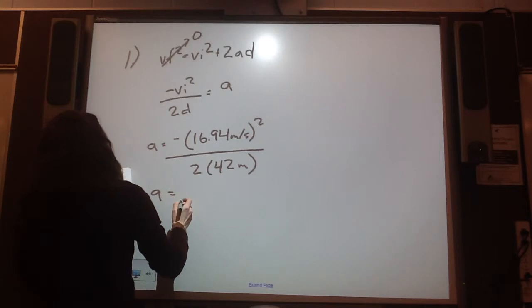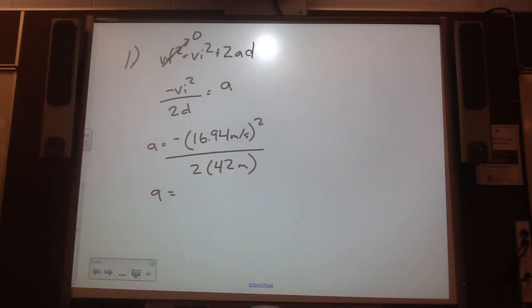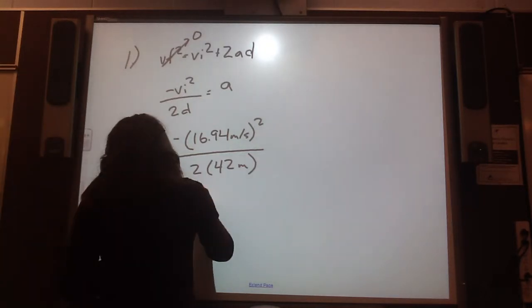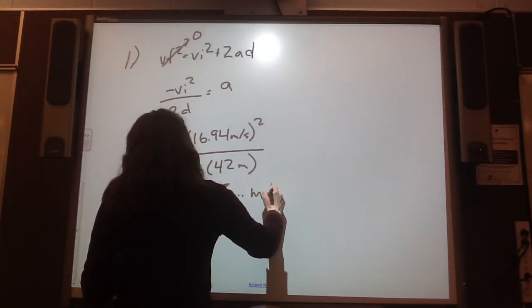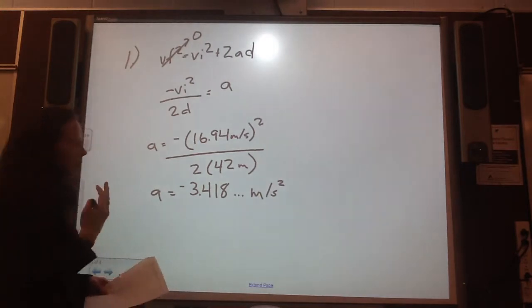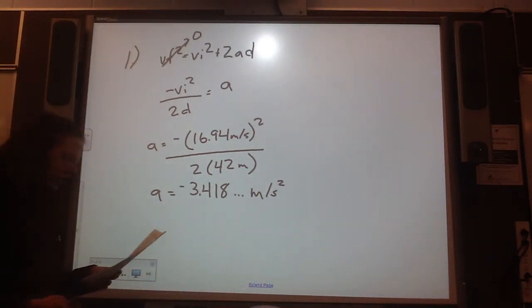Put that into your calculator. So a is negative 3.418, etc. meters per second squared. Remember, this is acceleration, so meters per second squared.